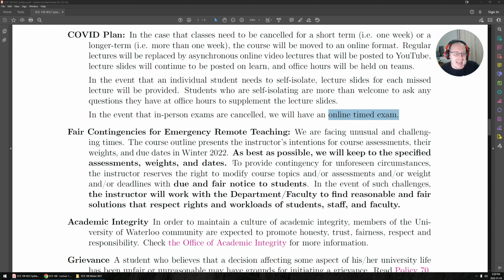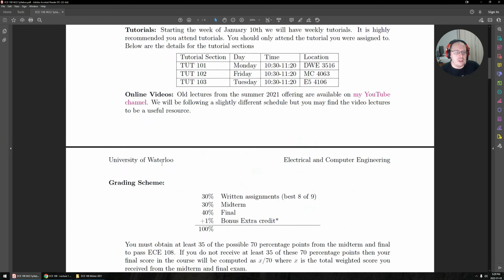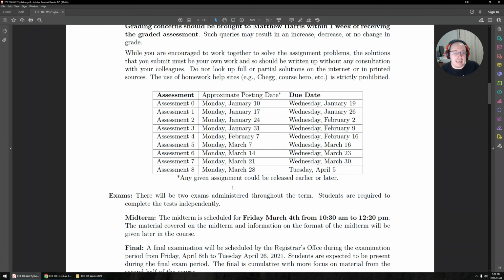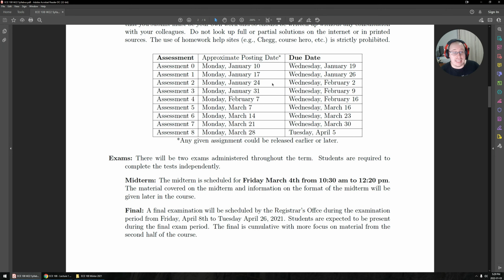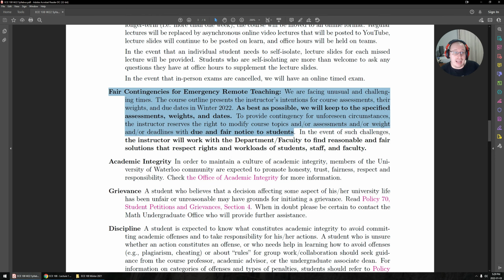But I have designed my course, this whole setup, to be run both online and in person for the exams and the assignments. So realistically for this course, I will not have to use this clause for anything, but it's there. You should read it.